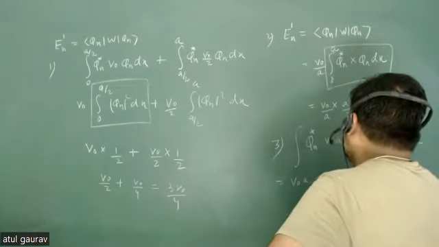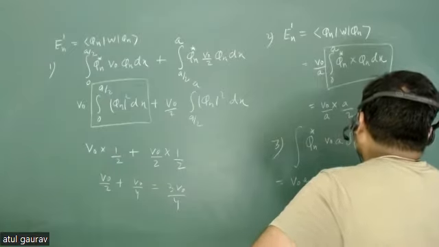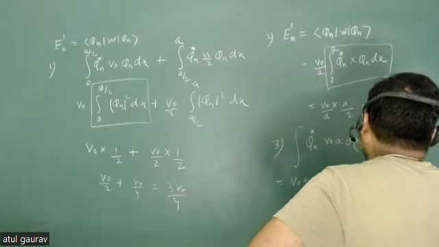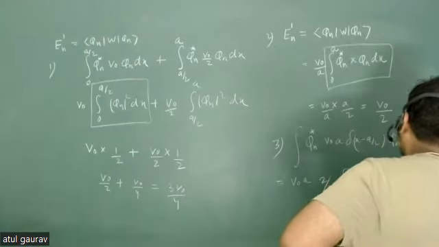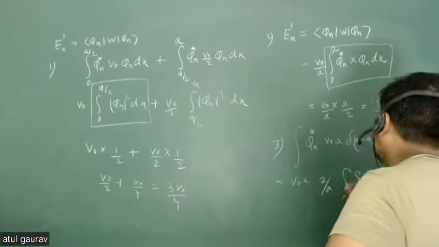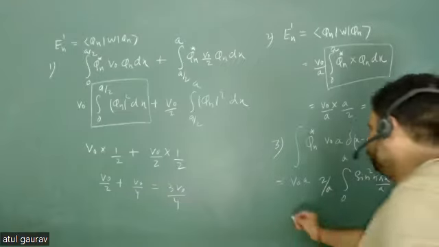2 by A will come here, and you have sine square n pi x upon A and Dirac delta x minus A by 2 dx between 0 to A. Obviously this is the delta function at x is equal to A by 2. So what is this integration? Sine square n pi by 2.